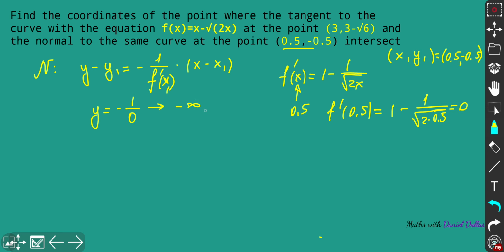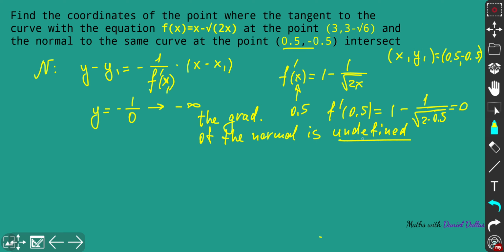So what it means is that the gradient of the normal line is undefined. Which means that the normal is simply a vertical line.